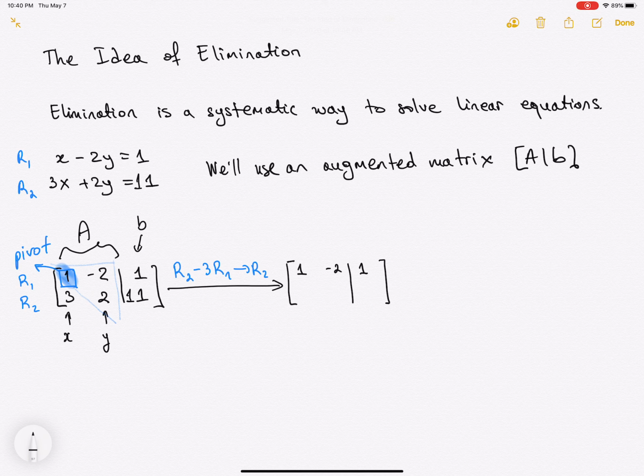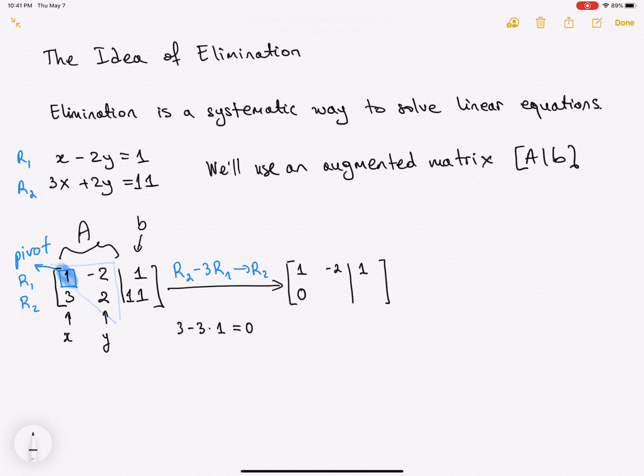Now I'm going to apply this operation, R2 minus 3R1 into R2, on a term-by-term basis. So first, I'm going to do that in the first column. So I'm going to do 3 minus 3 times 1 equals 0, and that's going to go in the second row. So I will write that 0 right here. Now, in the second column, I'm going to repeat the operation.